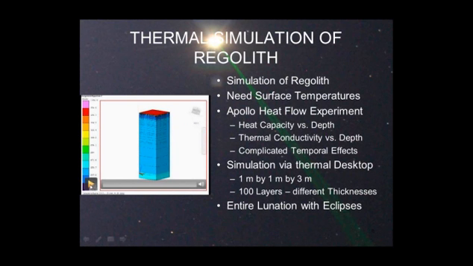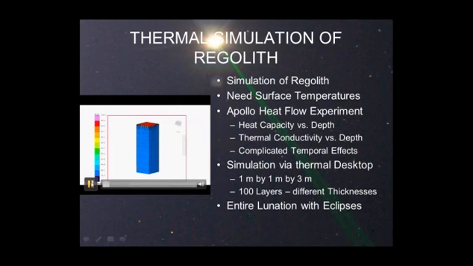We've taken the data from the heat flow experiments, particularly in Apollo 17, and used this to define the properties of the regolith. We have here our 1 meter by 1 meter by 3 meters model. And so for a full lunation, and with an eclipse, this is what we do as far as the changes in temperature as a function of depth.